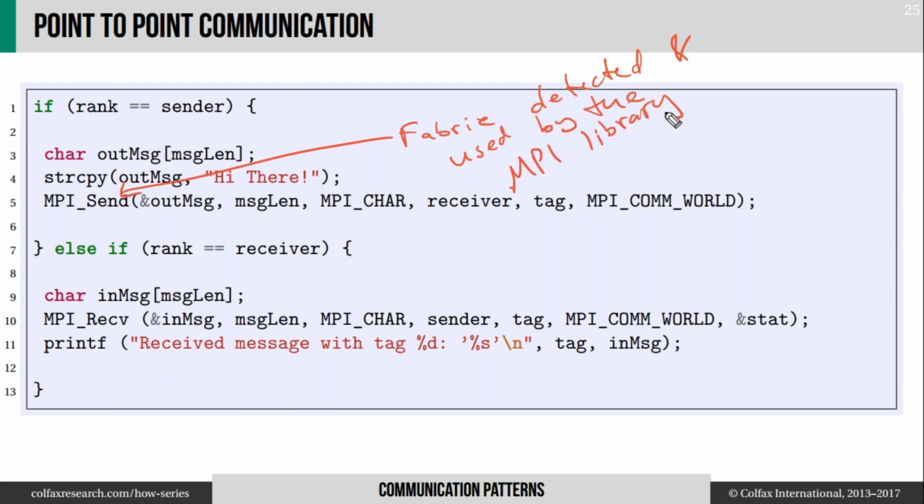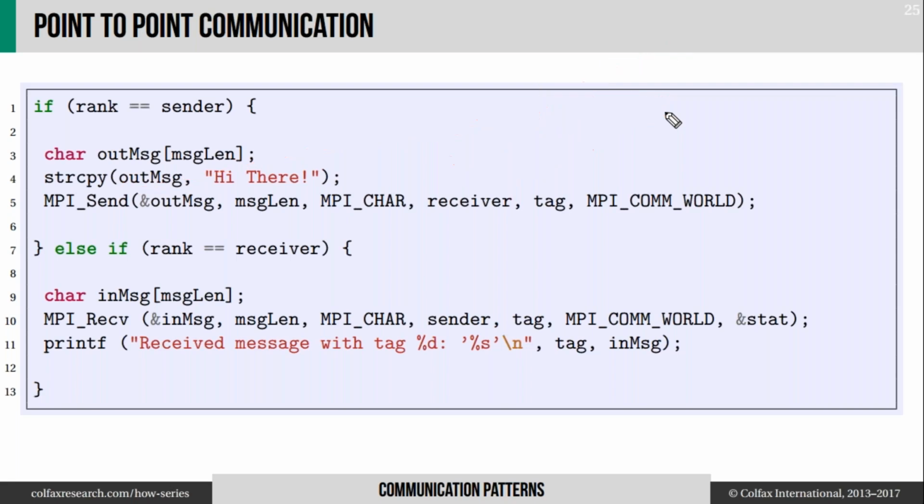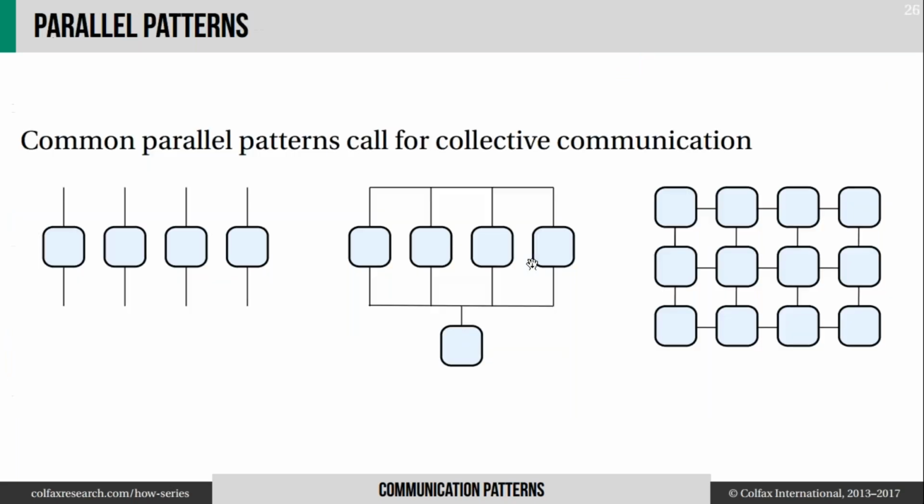You, as the programmer, simply implement the message passing protocol, the message passing algorithm, and the MPI library takes care of the nature of communication. It could be Ethernet, 10 gig Ethernet, InfiniBand, OmniPath, Pigeon Mail, or SneakerNet, if you wish. Doesn't matter, as long as the MPI library knows how to use it.